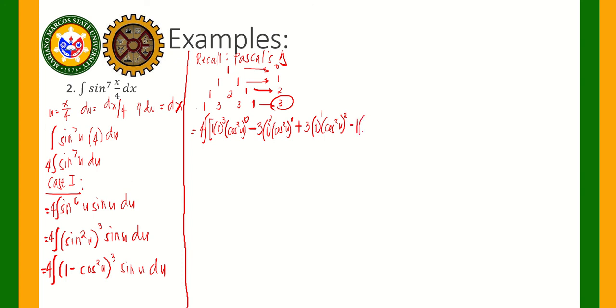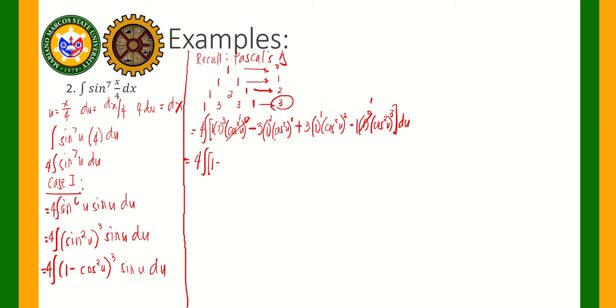And then minus 1 times 1 raised to 0 times cosine squared u raised to 3. And then we have our du here. Any number raised to 0 is equal to 1. Simplifying, this is 1 times 1 cubed, that is still 1, times 1, so that is 1.